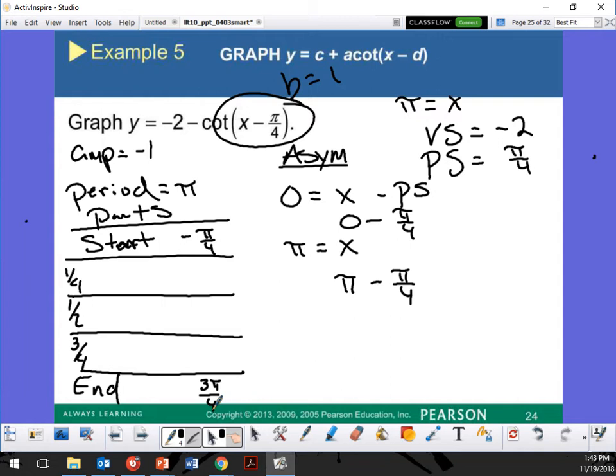Okay, let's keep going. To do the next thing, you have to find your x value. So can I erase my asymptotes?